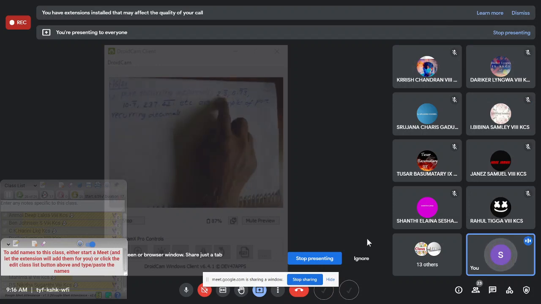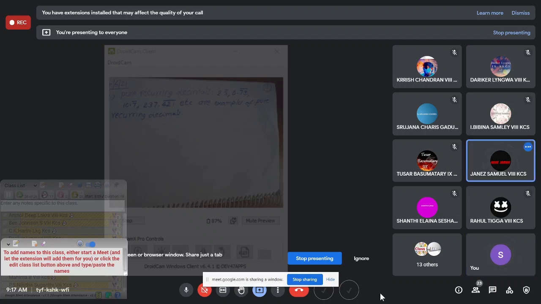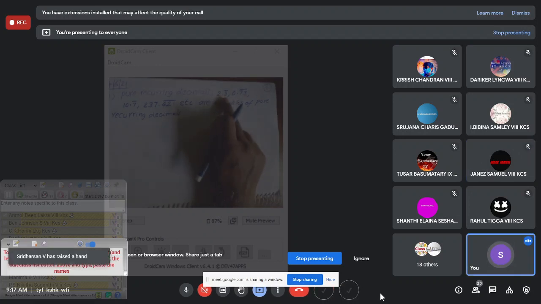In this number, what is repeating here? 2.3 bar. Three is repeating.